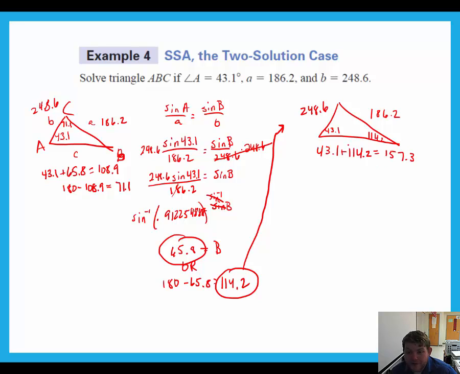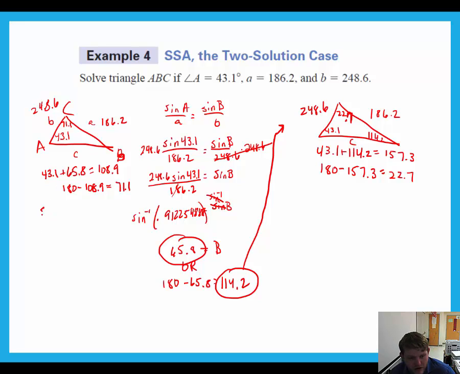And sure enough, that's less than 180 as well. So we can do 180 minus 157.3 to figure out that this other angle could be 22.7 degrees. So this works as well, 22.7. And so what we're going to have to do is find out what this C is as well.